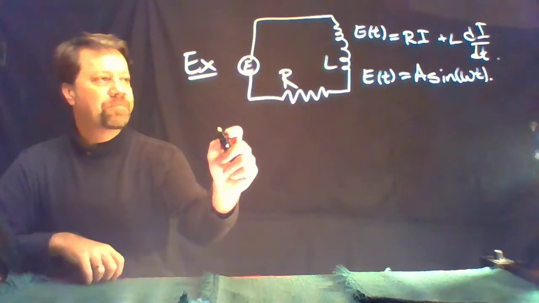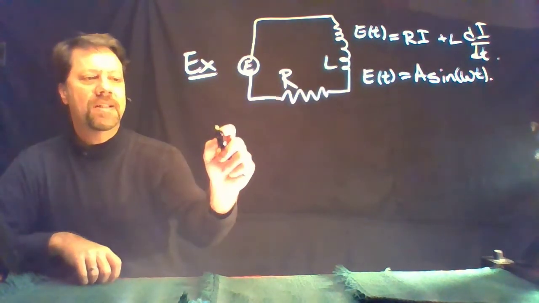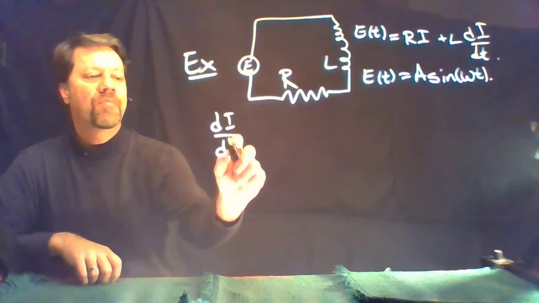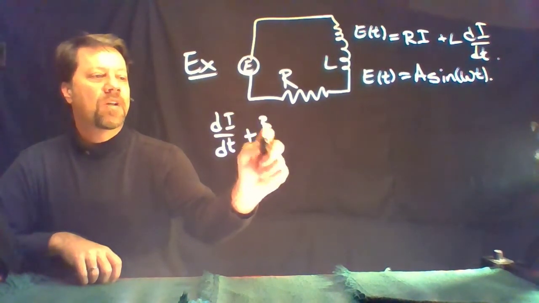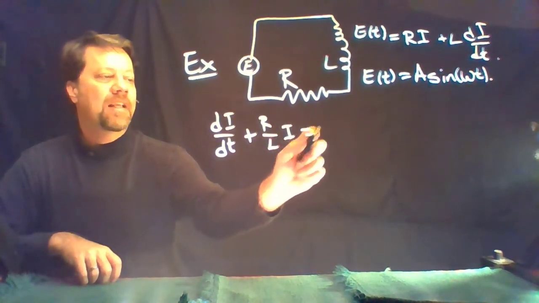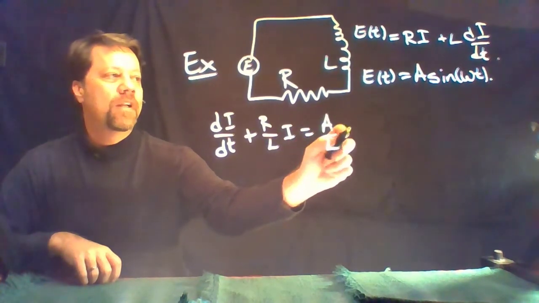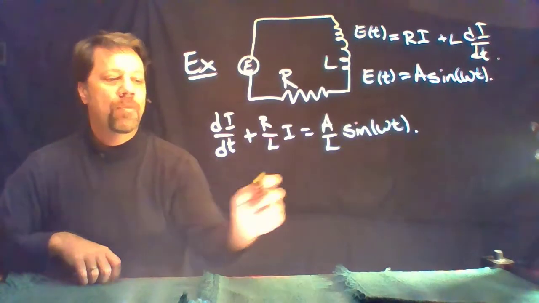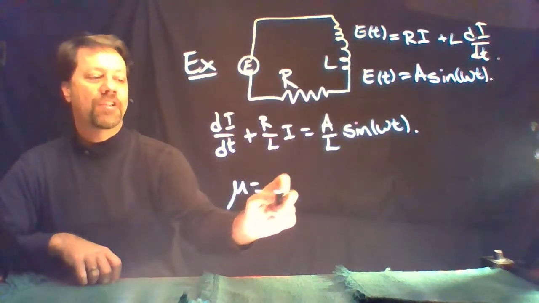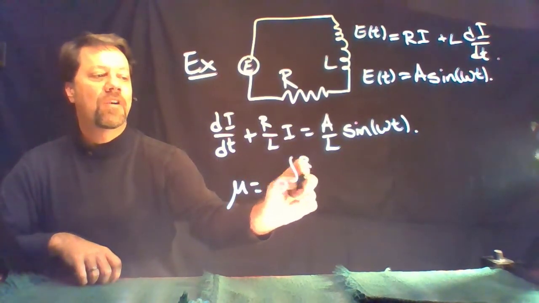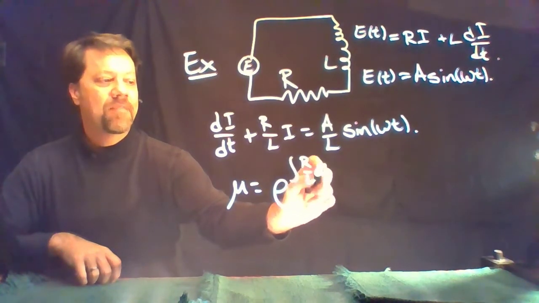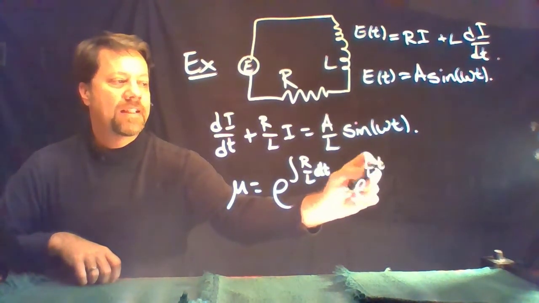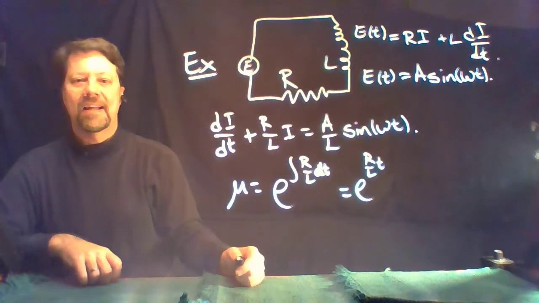In this way, we can put this in the standard form by writing this as di dt plus R over L times I equals A over L times the sine of omega t, and the integrating factor mu is e to the integral of R over L dt, or e to the R over L t, like that.